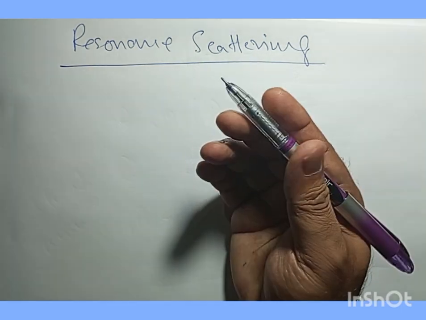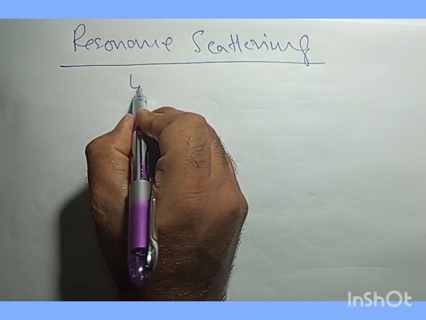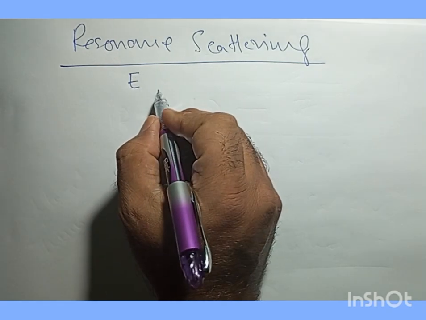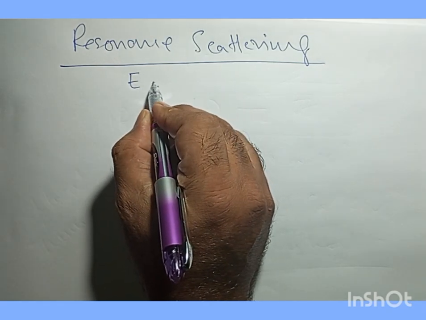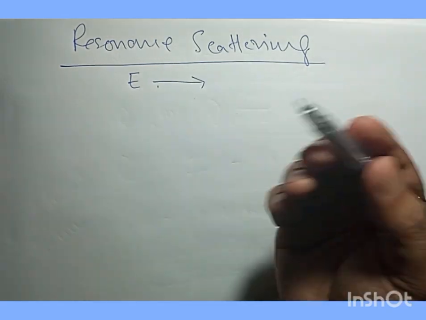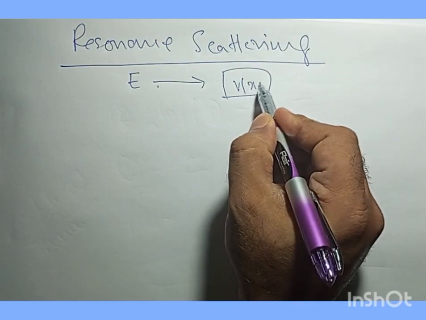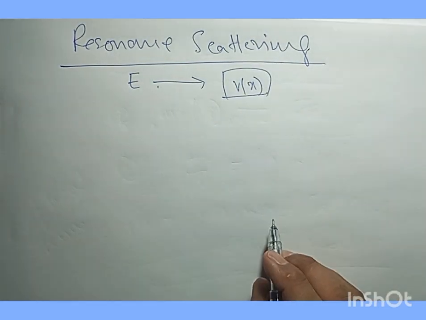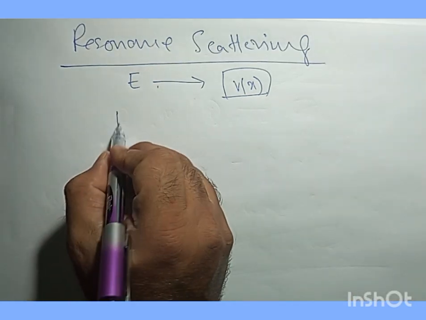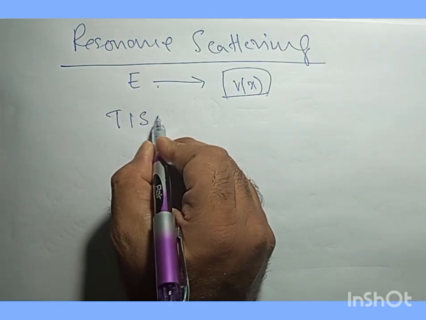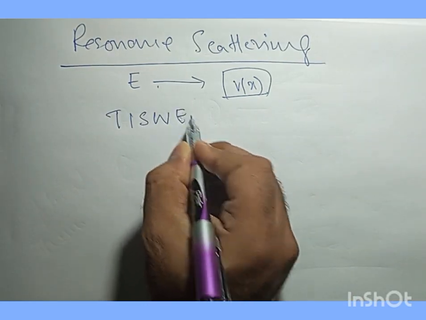So if I consider that I have a particle with energy E, incident on some potential, say V of x in one dimension, I can write down the time independent Schrodinger wave equation.